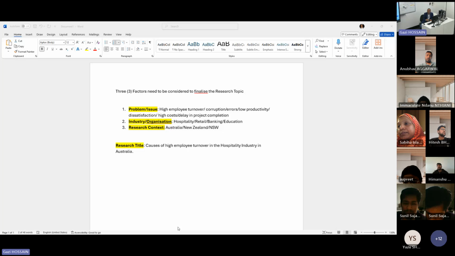There are about 44 universities, plus about 150 higher education providers like KY, so altogether about 200, and each of them is an organization. Or for example, the banking industry, and ANZ Bank is one of the organizations.